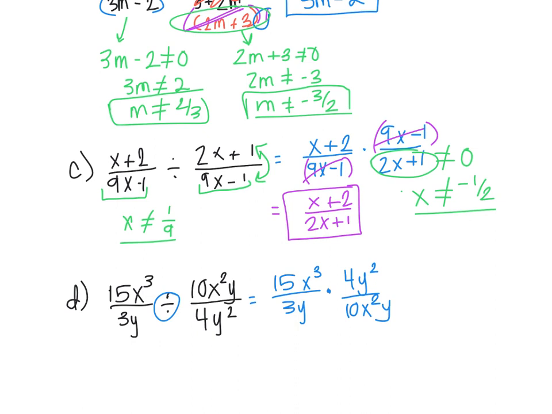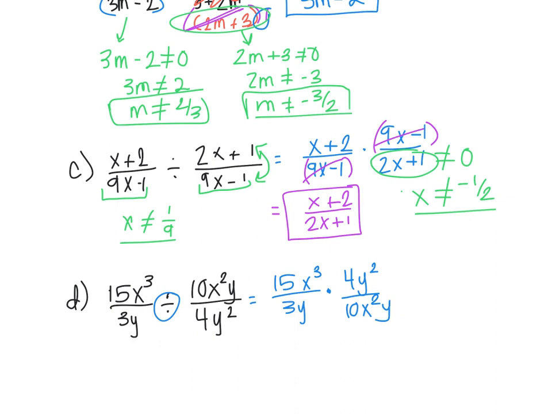Okay, now we could do one of two different things. We could multiply straight across the numerator and then the denominator. So we could do 15 times the 4 and then x cubed times y squared. We could do 3 times 10 y times x squared y. Or we could do some cancellations across. So again, there's no right or wrong way to do it. Sometimes I like to just, instead of simplifying, go straight across and see what we end up with.